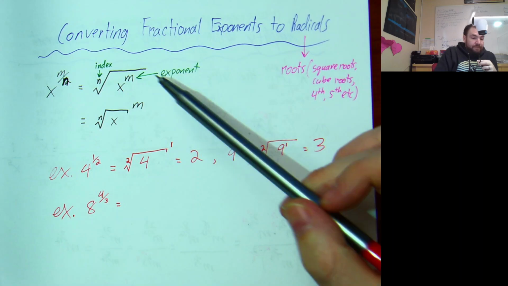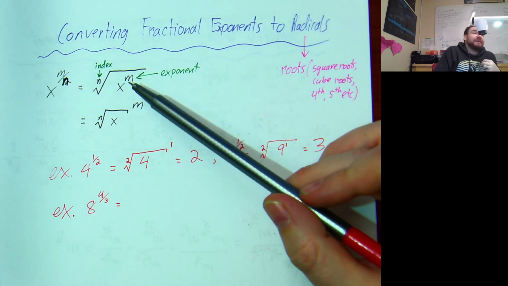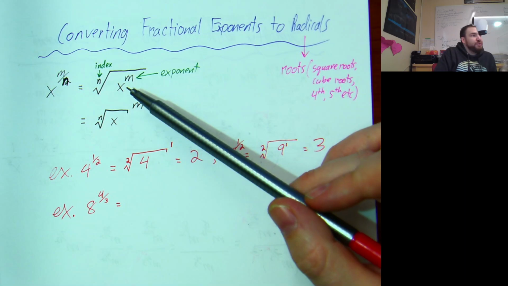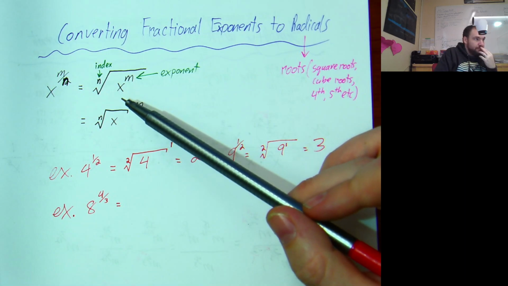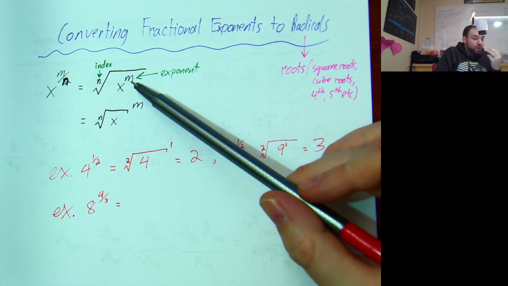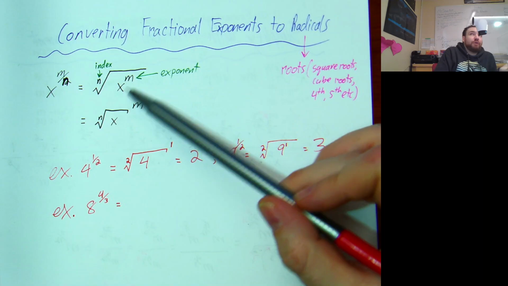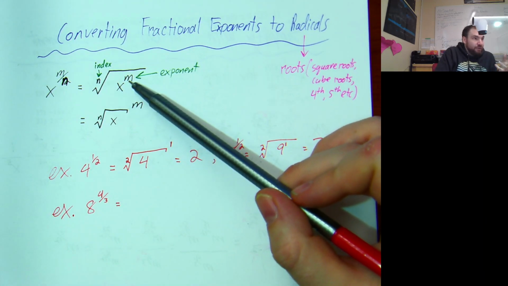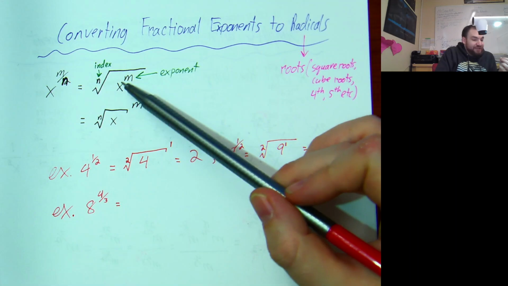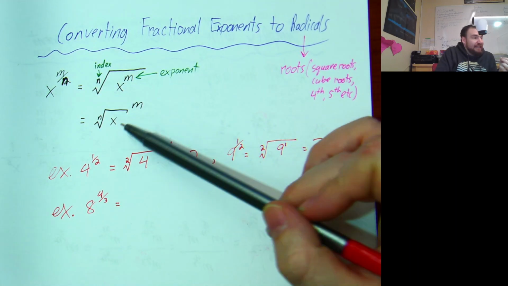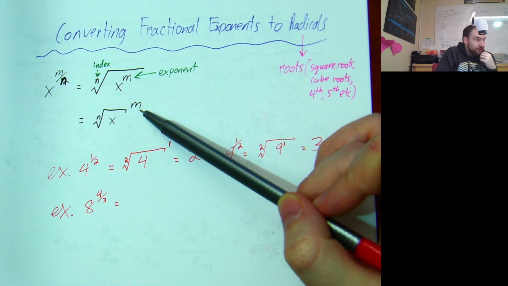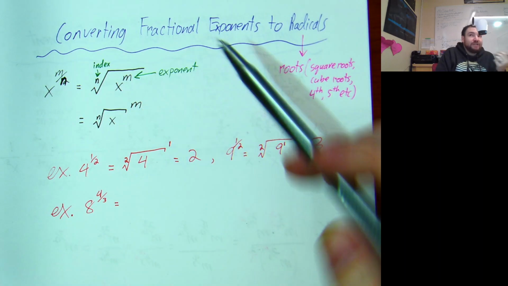If the m is right there, then yeah, it doesn't matter, because radicals and exponents are part of the same mathematical family, it doesn't matter which one you do first, or which way you write it. So on this one, putting the m inside means I'm going to do the exponent first and then take the root. Writing it like this means I'm going to take the root first and then put it to the power of an exponent. So that's what we're doing down here.